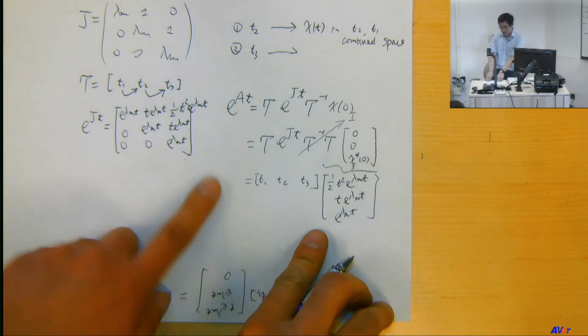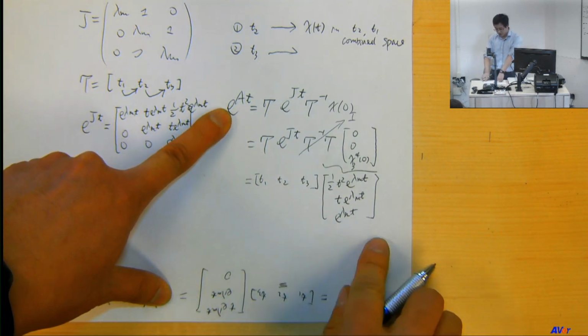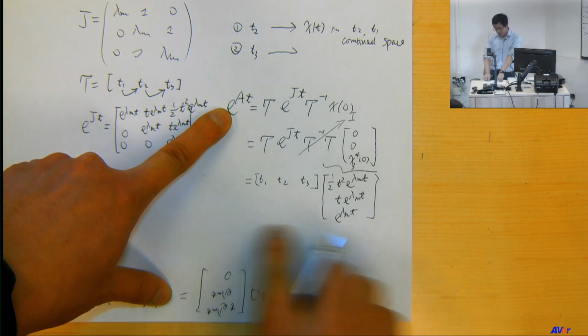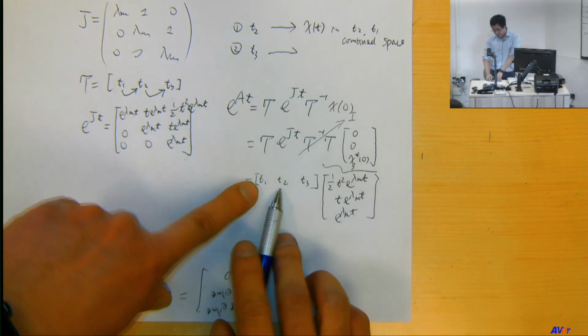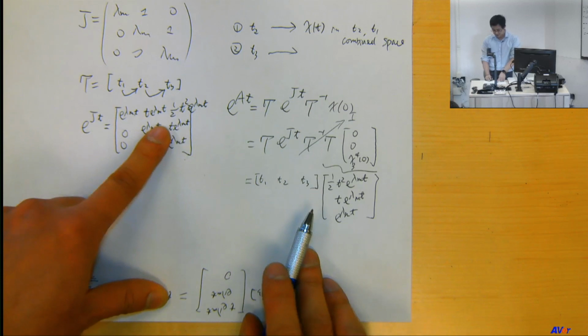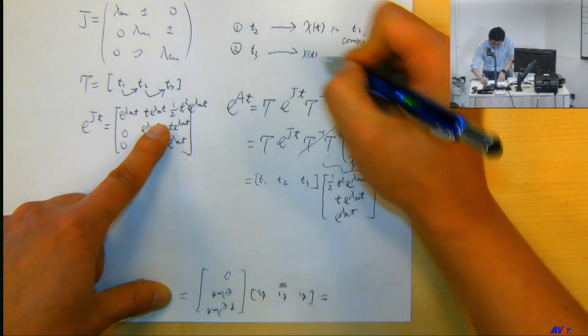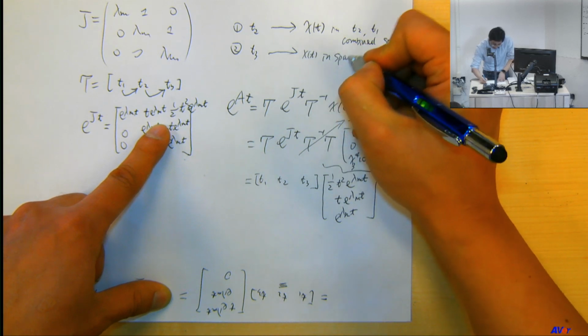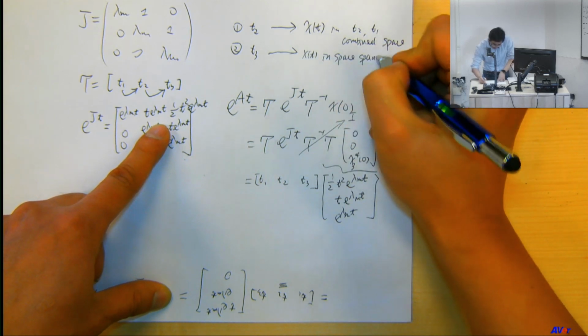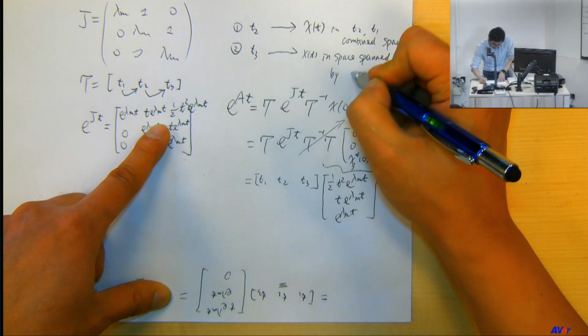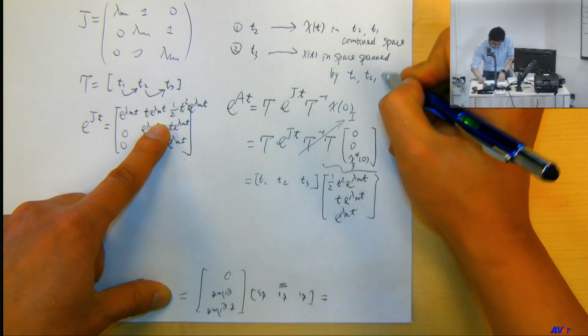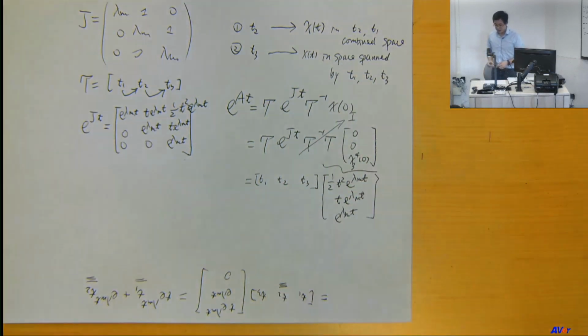Therefore, the solution is in the space spanned by T1, T2, and T3. So our intuition is correct. That is the concept of generalized eigenvectors and how it impacts the system solution.